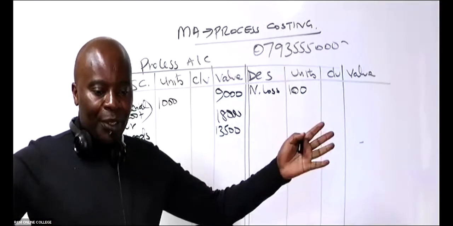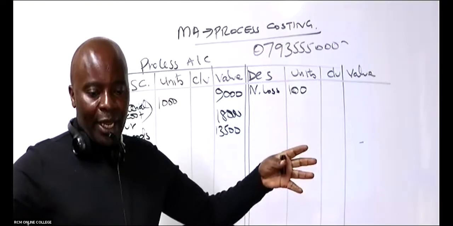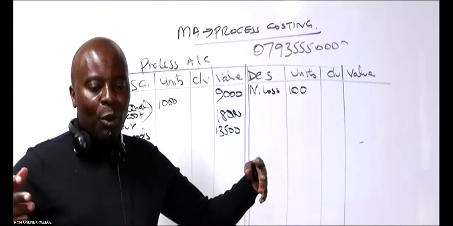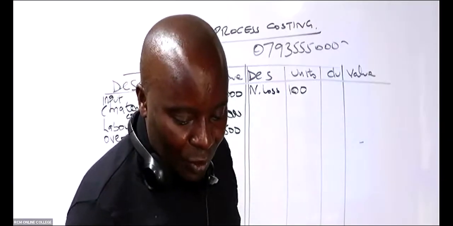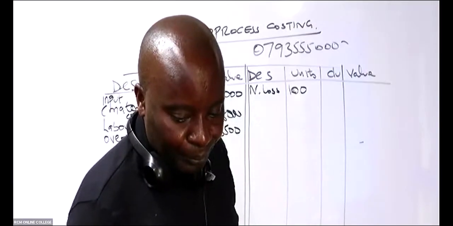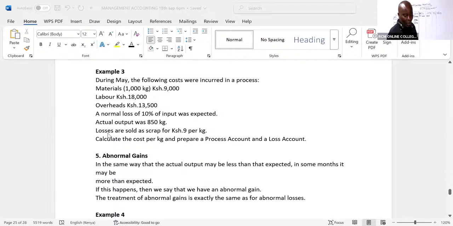We scrap them, sell them at a throwaway price. If it is given, we shall always sell them. We multiply them by the scrap value. Has the scrap value been given in this question? You can see in this case, losses are sold at a scrap value of 9.